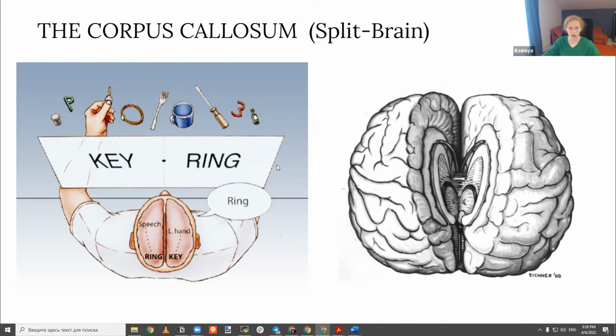So in this case, we ask the patient, what word do you see? And he tells us the word, because in the majority of the population, the brain functions connected with speech are connected with the left hemisphere.